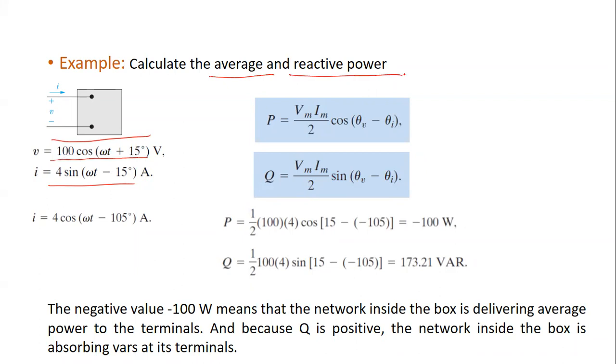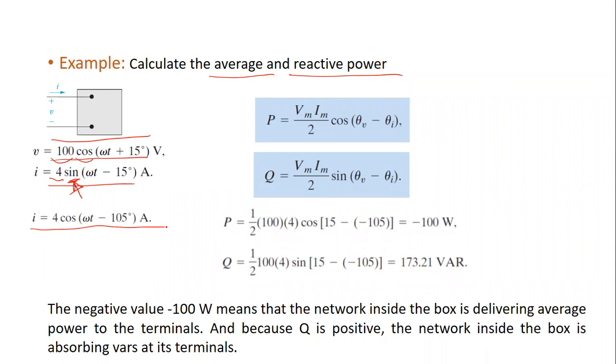Before I start, I need to make sure that the time domain voltage and time domain current are given in my standard form. So I see the maximum voltage, the maximum current, it's fine. I see a cosine function, but here what we have is a sine function. So the first thing that I need to do is to convert this sine function into a cosine function.